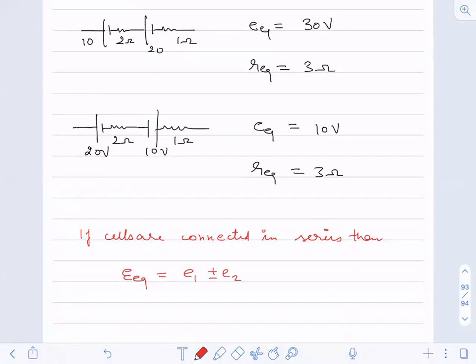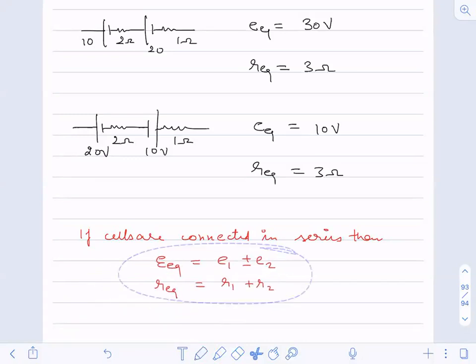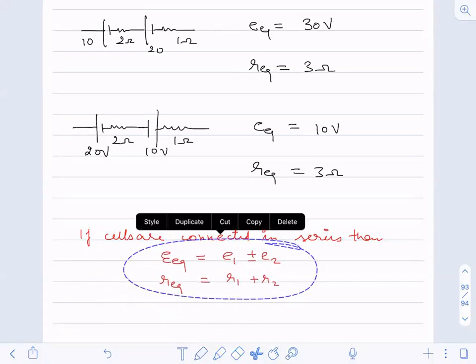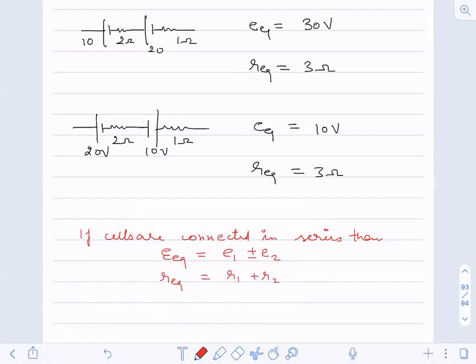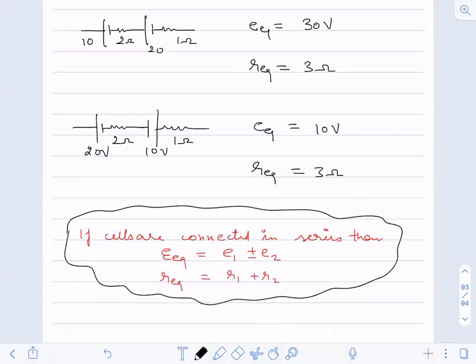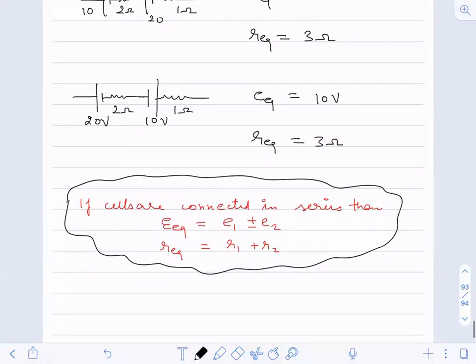E1 plus E2 when you have additive nature, and E1 minus E2 when you have subtractive nature. And R equivalent will be R1 plus R2. Either it is subtractive or additive, it doesn't matter. The internal resistance will always be added only.